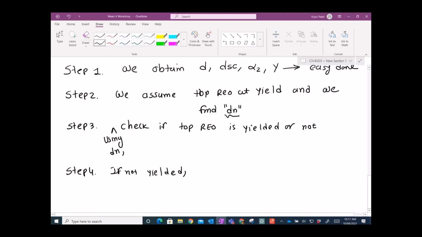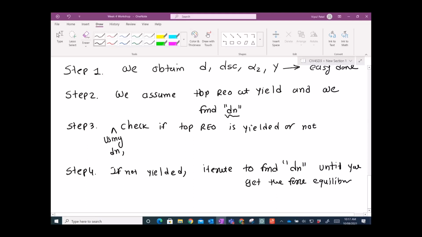So if it's not yielded, we need to iterate to find DN. You remember that iterative process, that you need to keep adjusting the DN value until you get the force equilibrium. So that's step number 4.